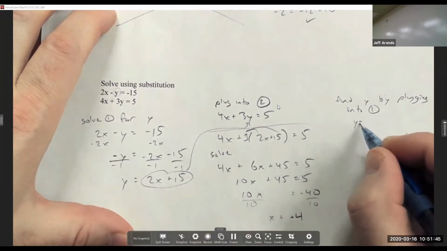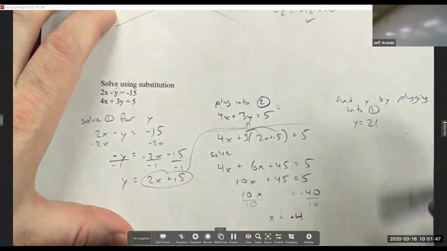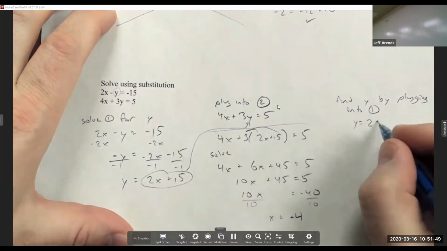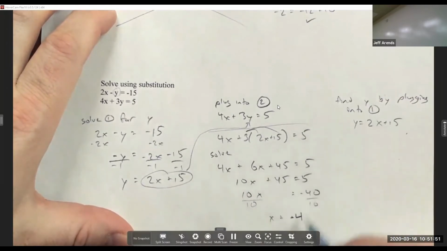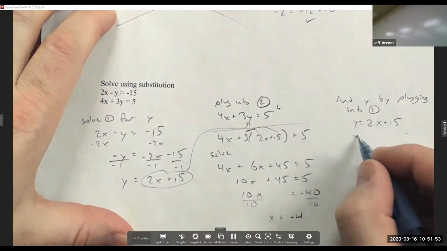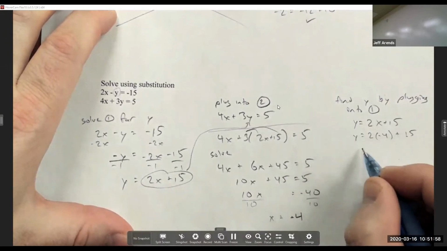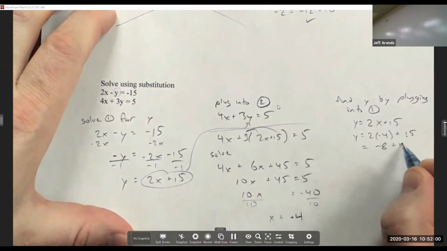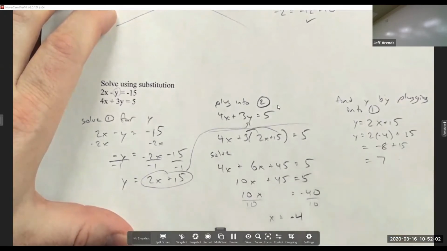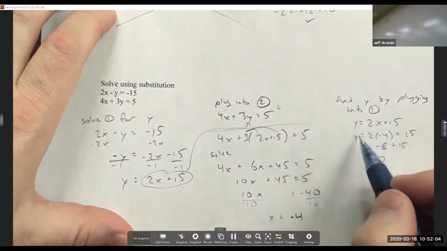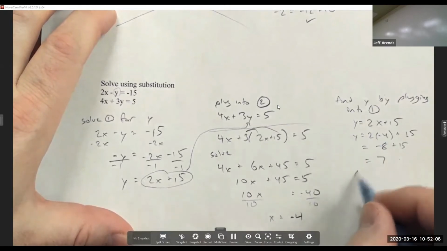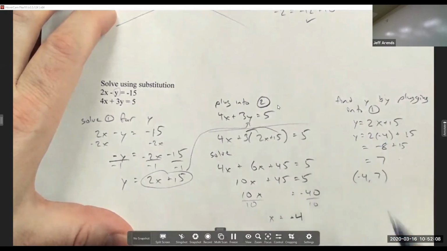So we have, well, let's write the equation first. y equals 2x plus 15. When I plug in a negative 4 for x, I get y equals 2 times negative 4 plus 15. That's negative 8 plus 15, which is 7. So in total here, y is 7, x is negative 4. So that's the point (negative 4, 7).